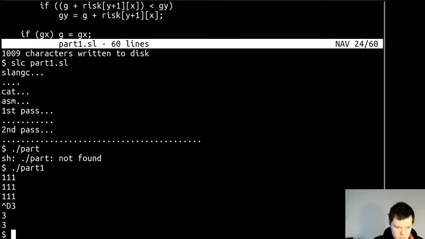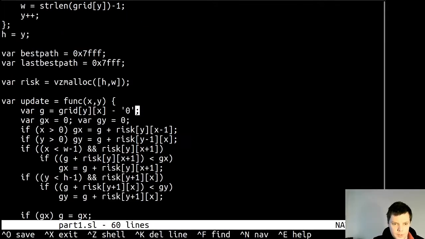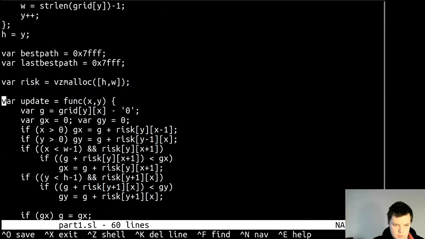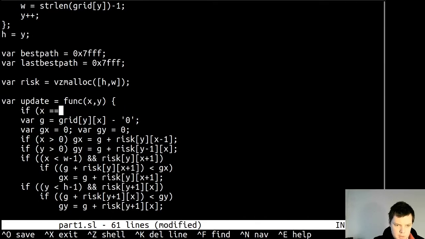Three. So why does it think the path length is 3? It should be 4. Well, I was just going to say if x equals 0 and y equals 0, then the risk yx equals 0.